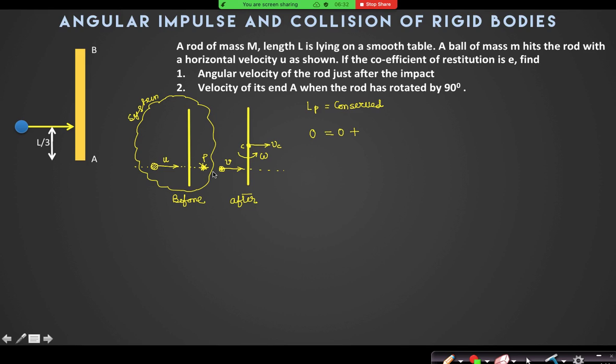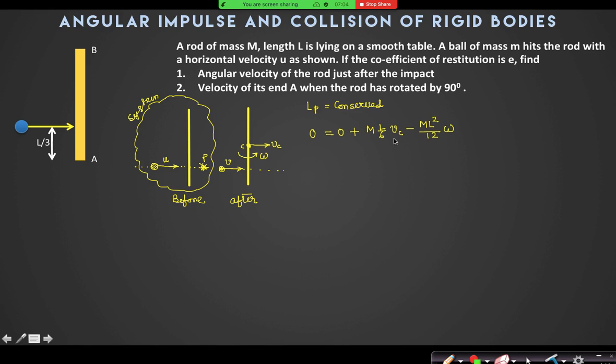Can you find what that is? Sir, m into L by 6 into Vc, minus Ic omega. Ic is what? m L square by 12. M L square by 12 omega.